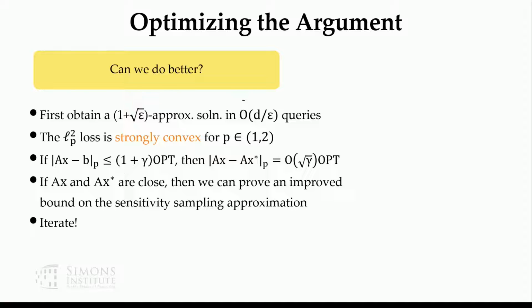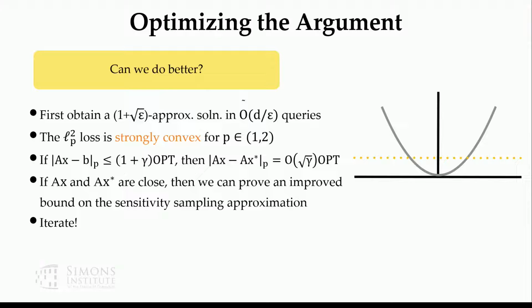But before I do, let me just mention that I can show you a picture of how this works here. Here is one of the LP loss functions, P between 1 and 2. We're minimizing, and here's the optimum at the origin. We got some vector X for which the P norm of AX minus B is at most 1 plus gamma opt.